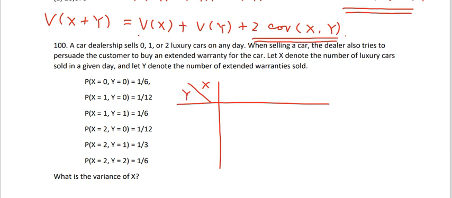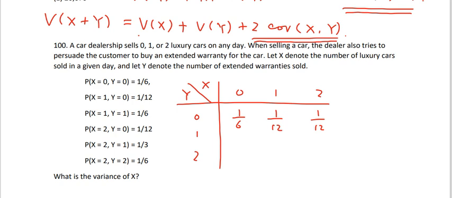We found x can be 0, 1, 2, and y also can be 0, 1, 2. So we put those conditions into the table. We say (0,0) is 1 over 6, and x equal 1, y equal 0 is 1 over 12. x equal 2, y equal 0 is 1 over 12.